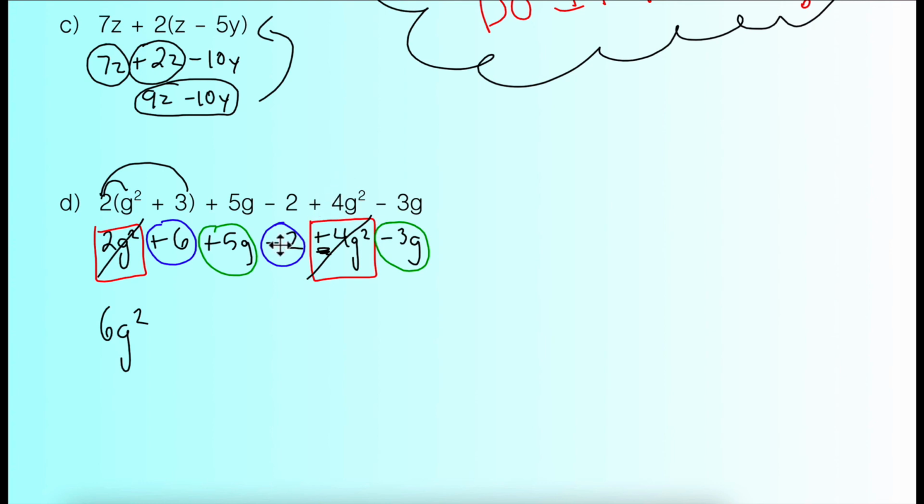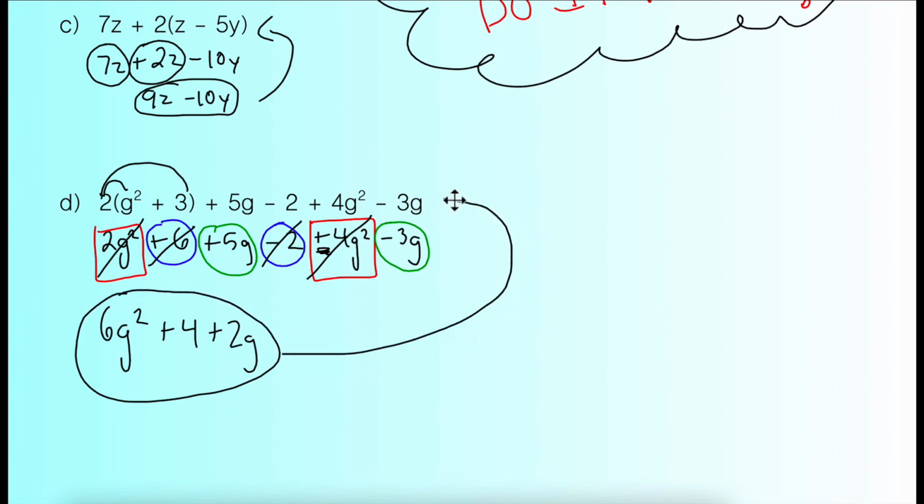Working left to right, the next term is 6 minus 2. 6 minus 2 is plus 4. Cross those out. And the last term, 5g minus 3g, is 2. 5 minus 3 is 2. So plus 2g. And that, my friends, that little expression right there is the simplified version of this big old ugly expression that we started out with. Both things are equivalent. They mean the same thing.